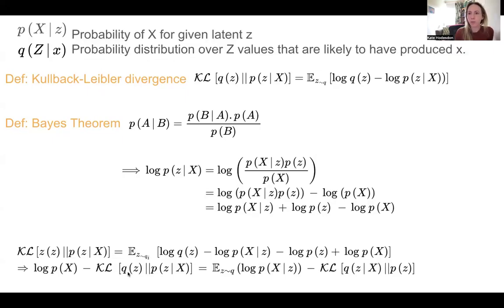And given appropriate choice of Q, we can get that to become very small. And over here on the right-hand side, we have something that can be optimized via stochastic gradient descent. So this P of x given z is our neural network. And then we also have another KL divergence term here.